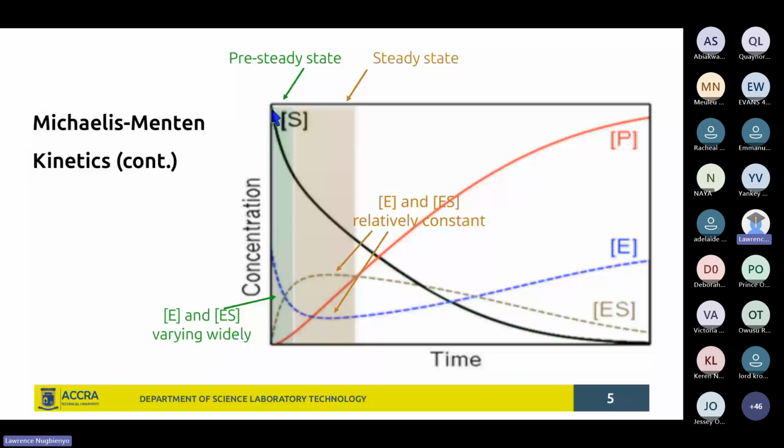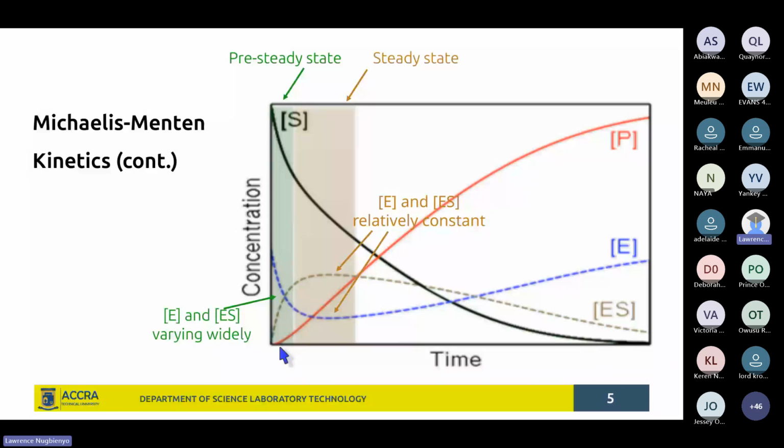At the same time, you have the concentration of the product being low. So you see the curve for the substrate is black, and at time zero, that substrate's concentration is high. And at time zero, you see there's no product yet formed, and so you have the product concentration being zero.